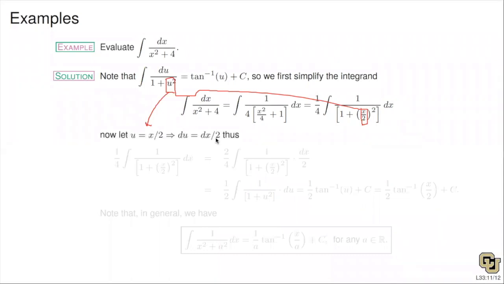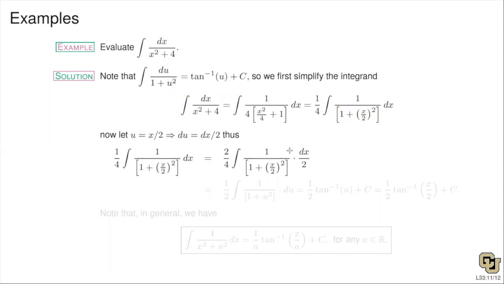Then du is dx over 2. I don't have the over 2 part, but that's okay if my du is off by a constant. I can multiply on the outside by a 2 and divide by a 2 on the inside, or I could just solve for dx. Here I did the multiplying and dividing thing. So here I've divided dx by 2, but I've also multiplied on the outside by 2. So what happens now, dx over 2 becomes du.